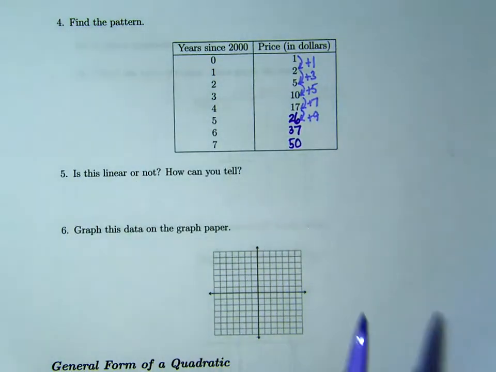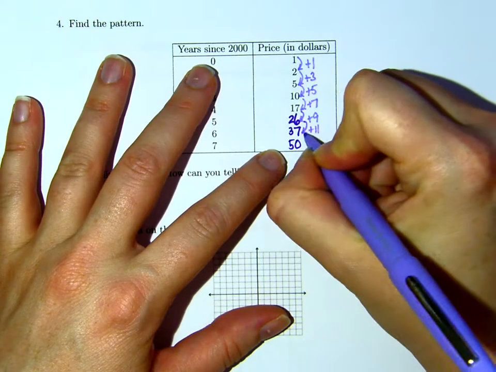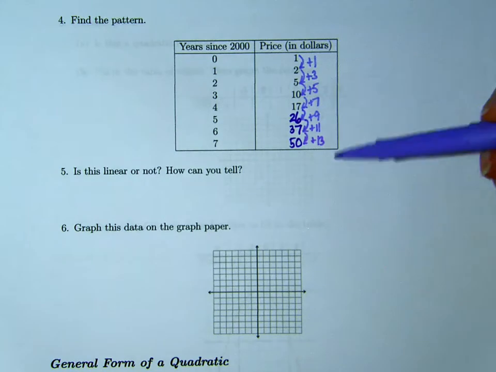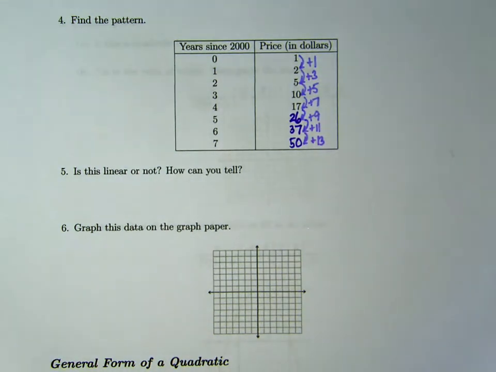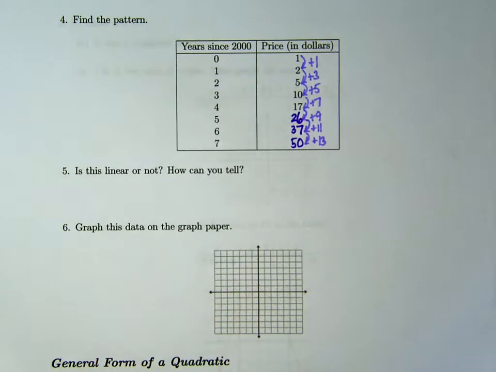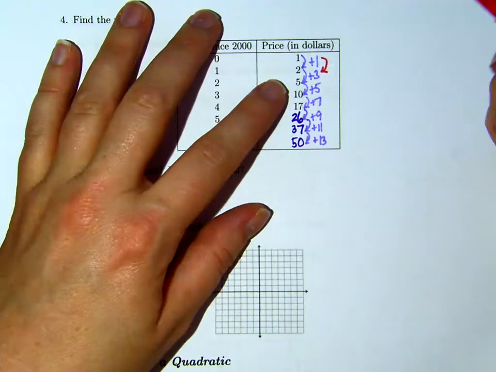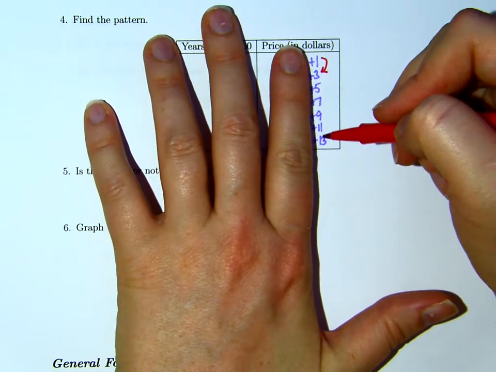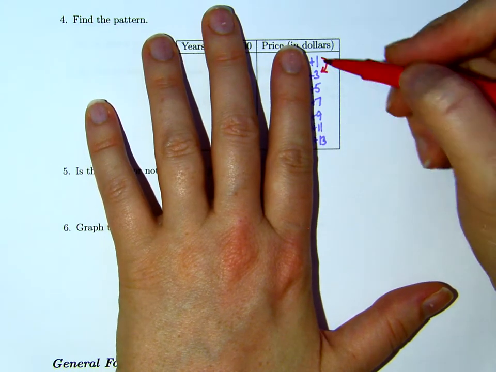Yeah? In order to do this pattern. So plus 9, plus 11, plus 13. Now, probably you were thinking, oh, we just keep adding the next odd. And that is a pattern. But what I want you to see is that you found a pattern within our pattern. This is like Inception, the movie, right?